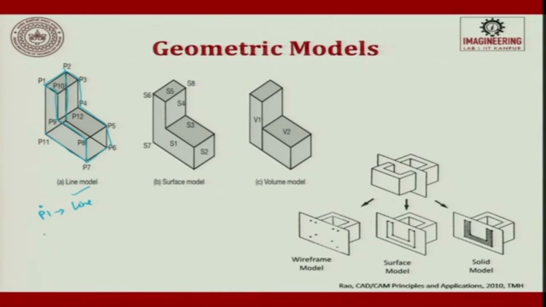Then several of these lines, for example, P1, P2, P3, P10, all these points and lines join together to form a surface called S5. And the S5 is part of V1. So, this is a line model, this is a surface model and this is a volume model.